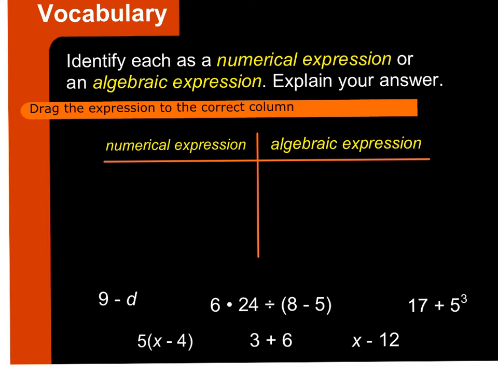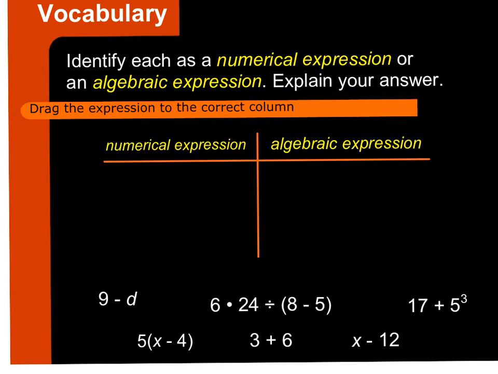Okay, on this slide, we're going to identify each as a numerical expression or as an algebraic expression. All right, and I would like you to try and explain to yourself why each answer is going to go in a particular place. Obviously we can't drag the expressions through this video, so I'm just going to write and then cross off.